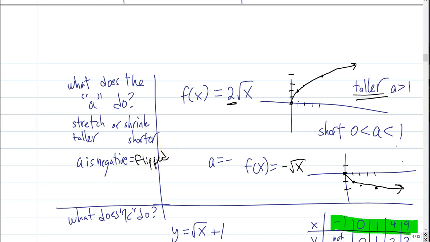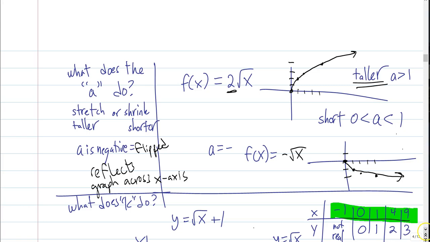See, if an a is negative, it reflects the graph across the x-axis. It creates this reflection. It flips all the y values and makes the graph flip to the bottom half of the graph. Okay? Next.